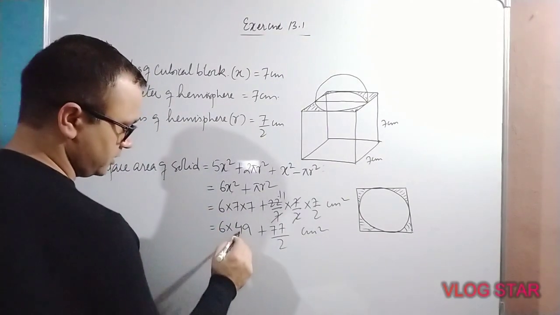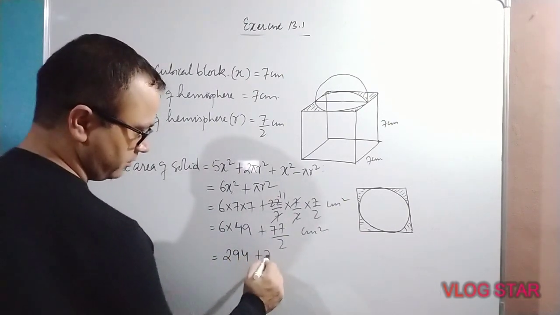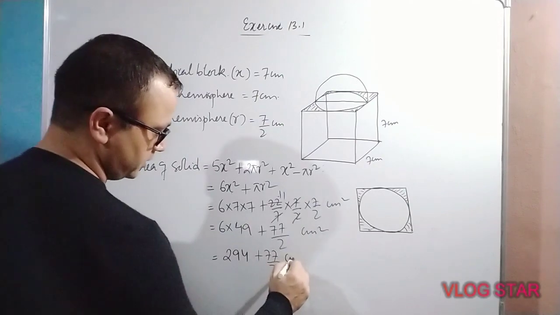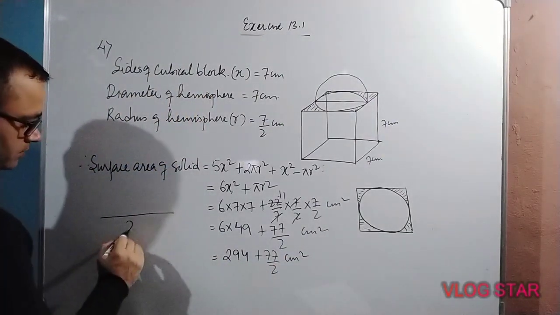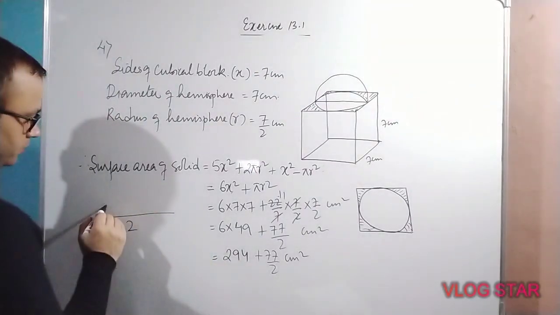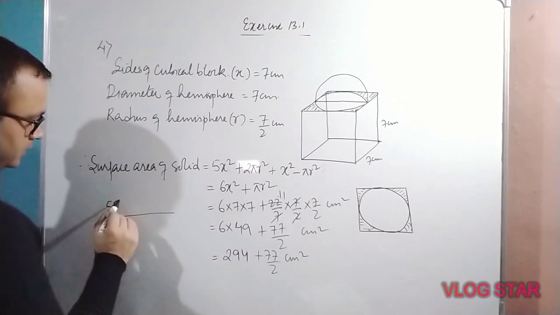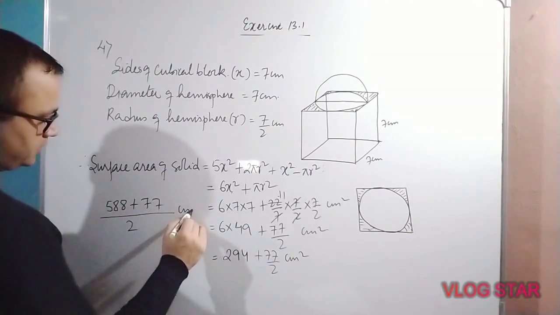So the multiplication of 49 and 6 is 294 plus 77 by 2 centimeter square. Now take the LCM, 2 is the LCM. Now 2 into 294 is 588 plus 77 centimeter square.